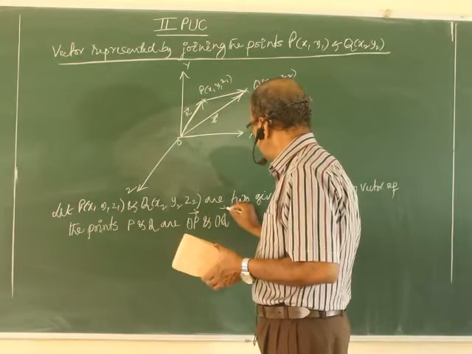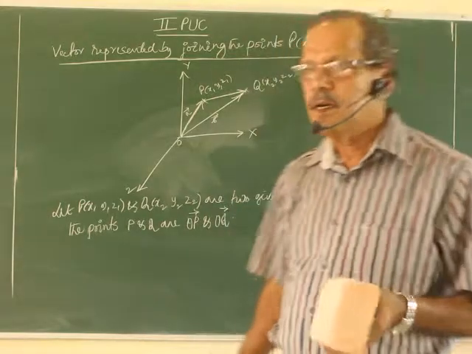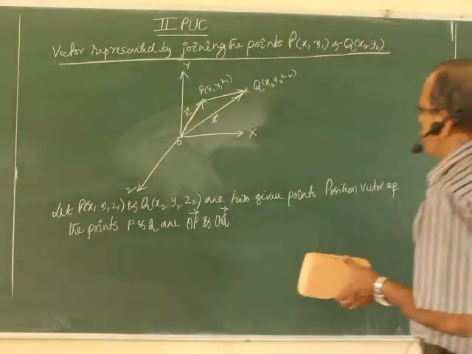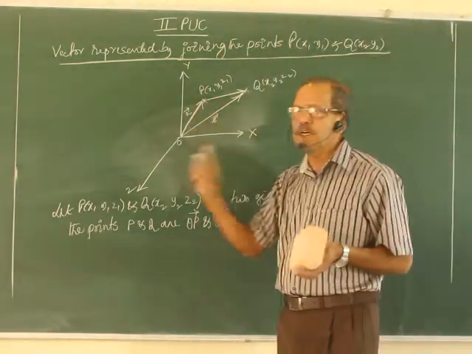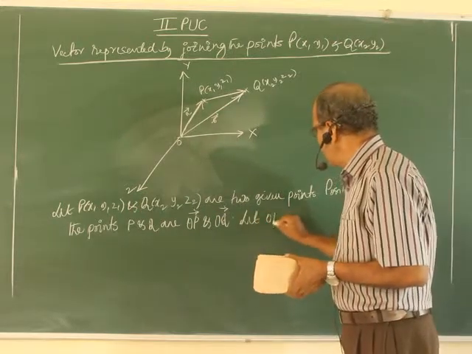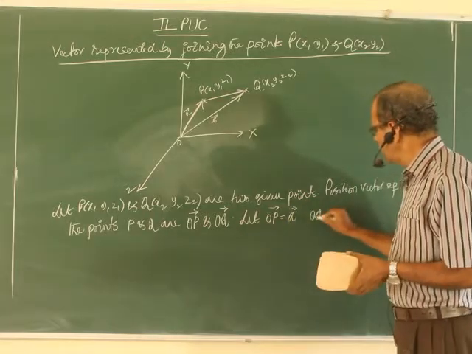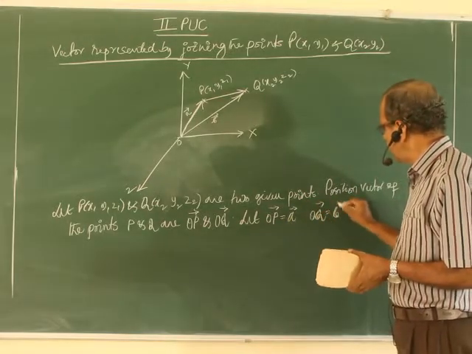Remember, whenever the point is given, it is a vector. The position vector of that point is obtained by joining that point to the origin. Let OP equal vector A, OQ equal vector B.